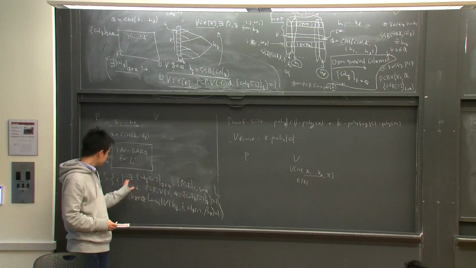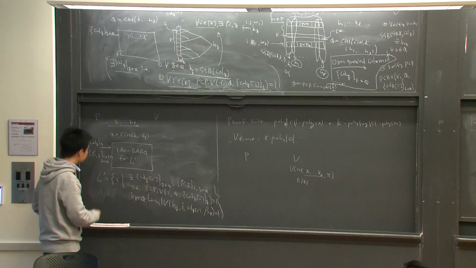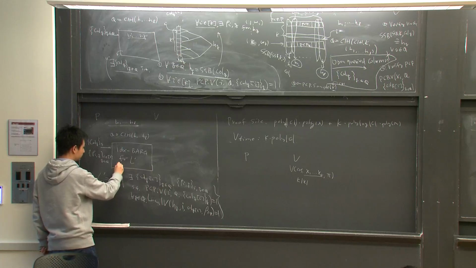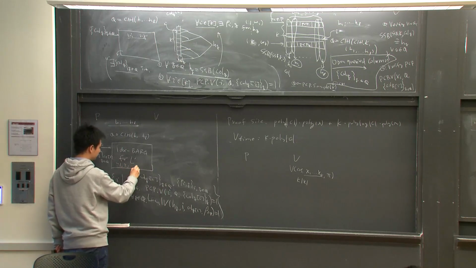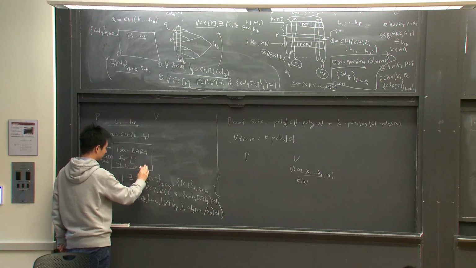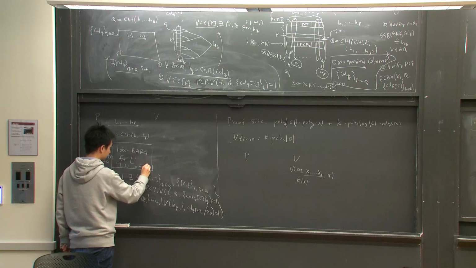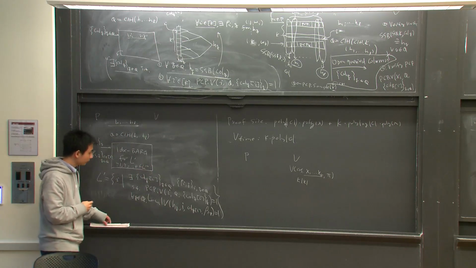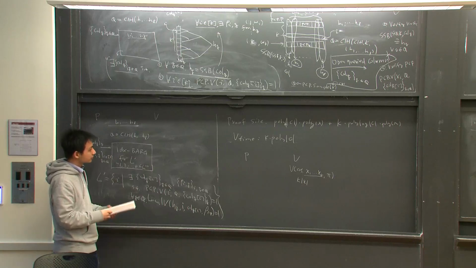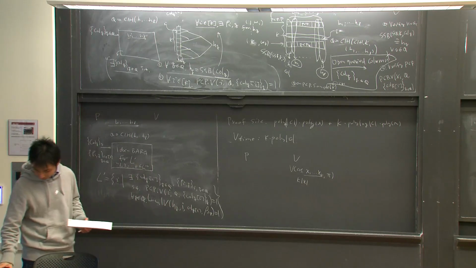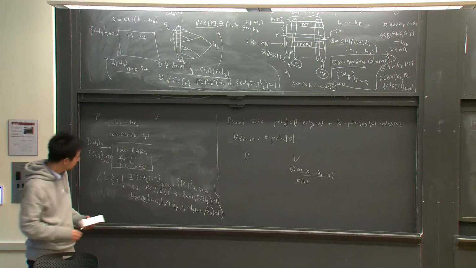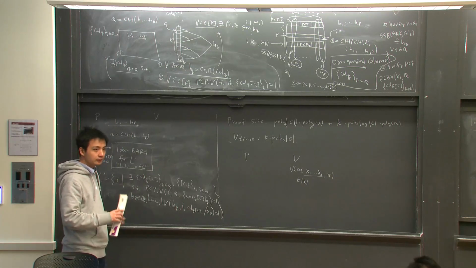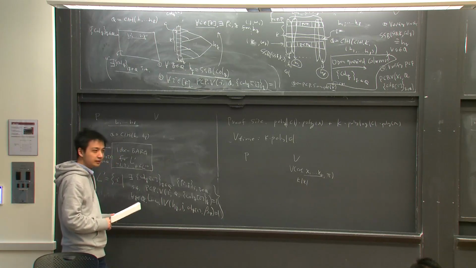So for each I, the prover needs to prove that 1, 2, up to k are all in this L prime. Right. So, yeah, any questions?